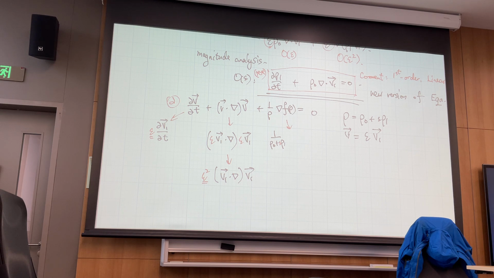And then secondly, it's the gradient of f of rho 0 plus epsilon rho 1. Right, this is my third term.